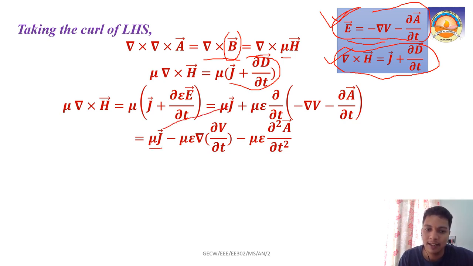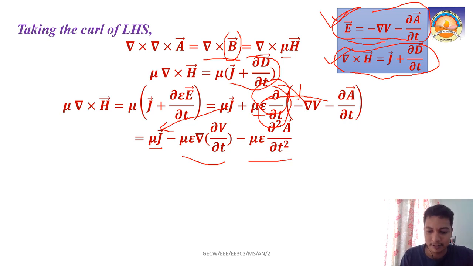The second part is mu epsilon into del of dou V by dou t, and the other term is minus mu epsilon dou square A by dou t square, because one dou by dou t comes inside.